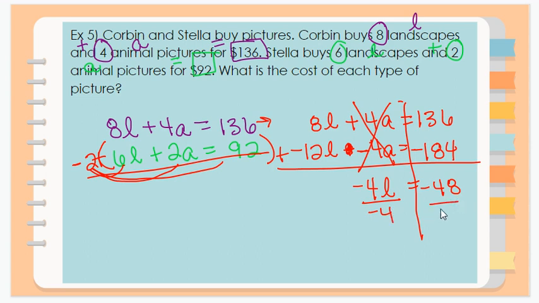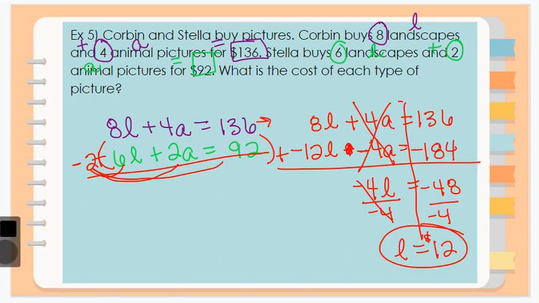Divide by -4, and I get L equals a positive 12. So it tells me each landscape picture cost $12.